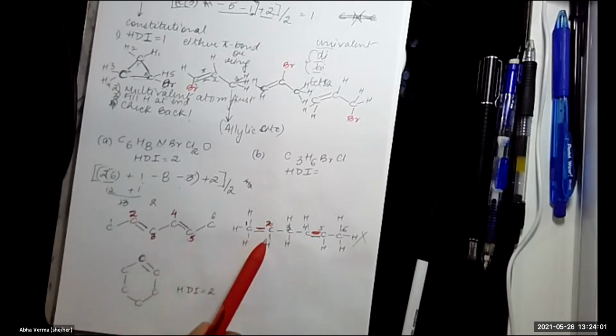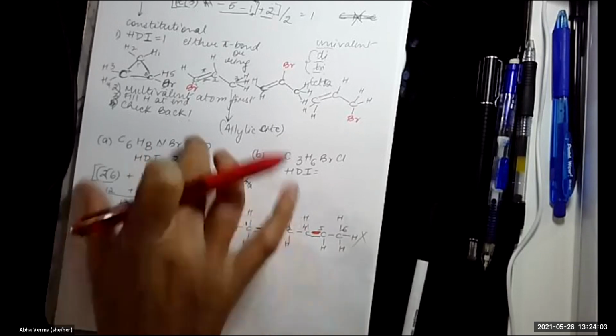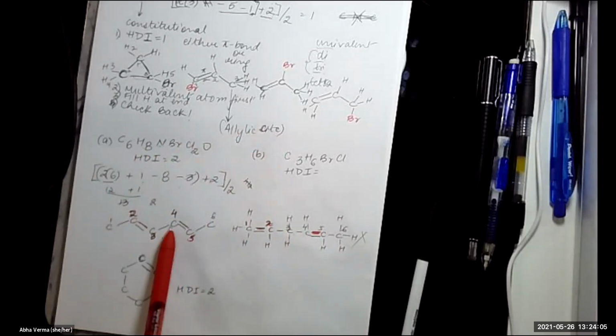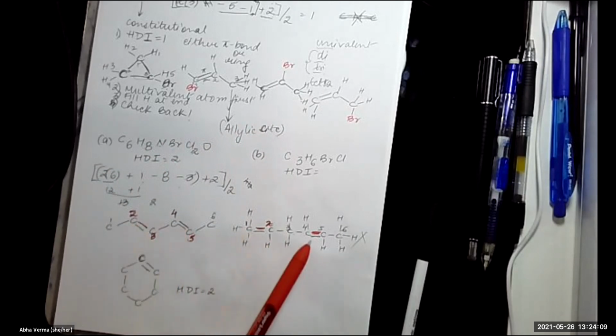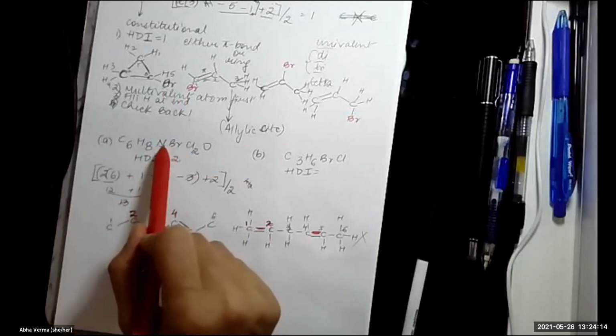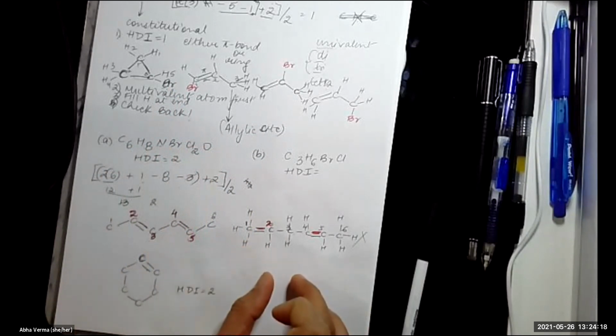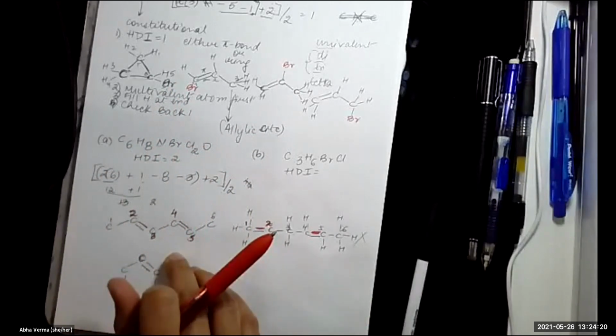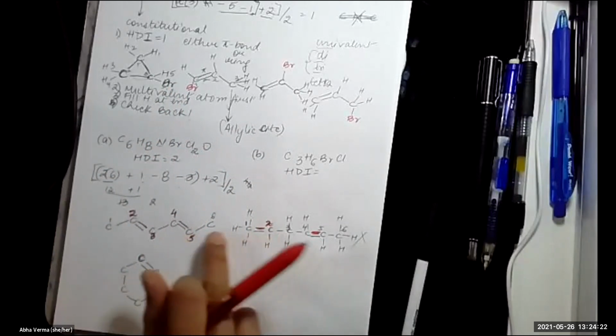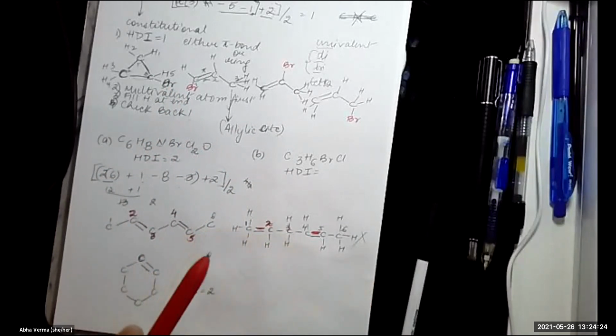What about these two? They have the same molecular formula. Well, I didn't draw in the rest of these, but they have the same framework, with different locations of my pi bond. So if I fill in the nitrogens, the halogens, and the oxygens correctly here, I can say that these two are constitutional isomers.